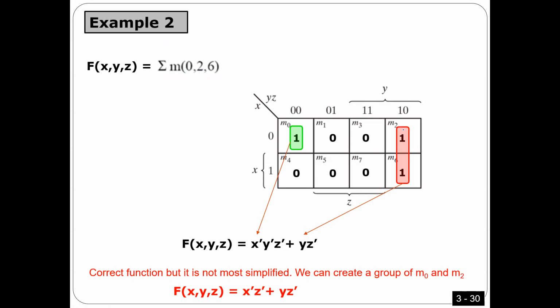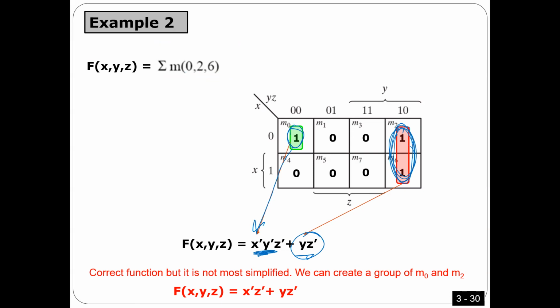I can take these 2 together as one group, and then I can take this one alone. If you do that, I'm going to have 2 terms because I have 2 groups. One term here, because it's only 1 square, is going to have 3 variables. This term, because it's 2 squares, is going to have 2 variables this way.